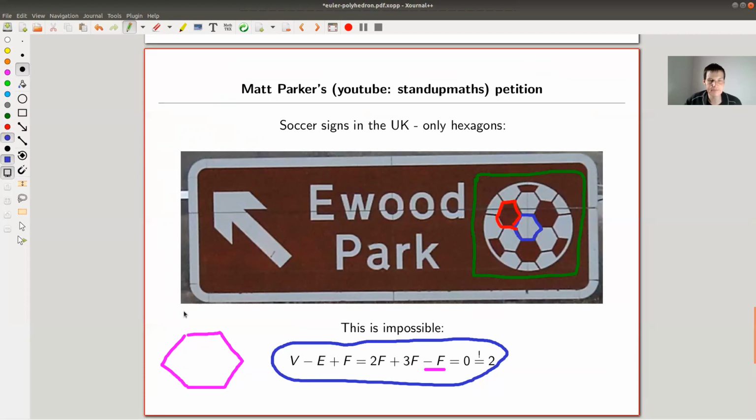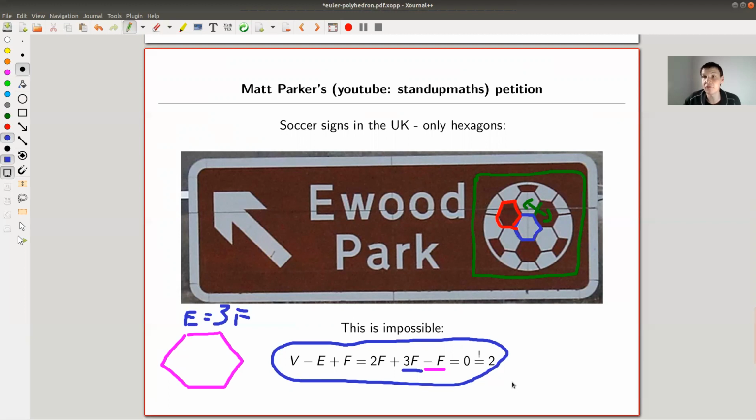So it looks like E is 6 times F. Not quite, because as you can see in this picture, each edge has two adjacent faces. So actually E is 3 times F.